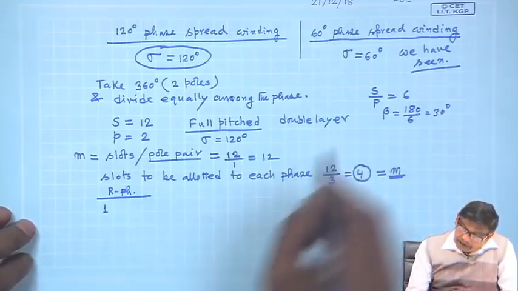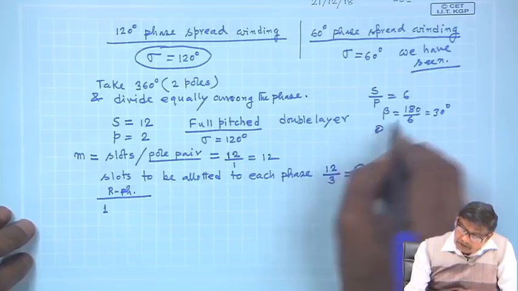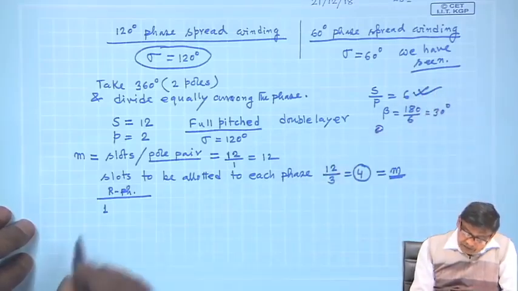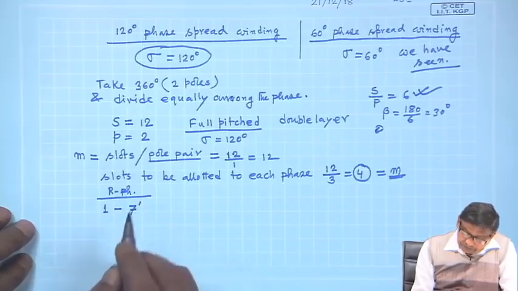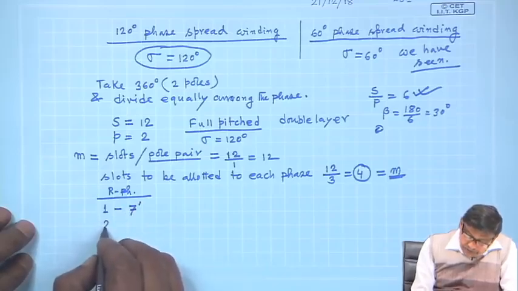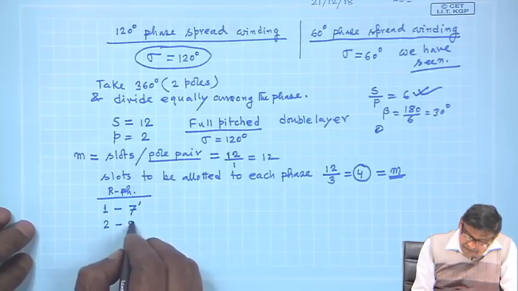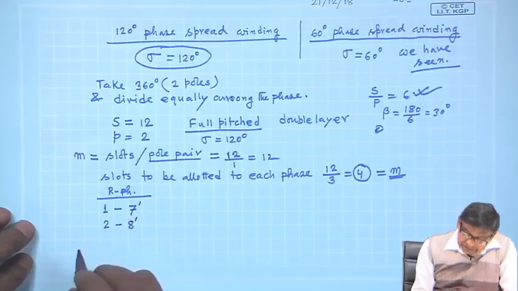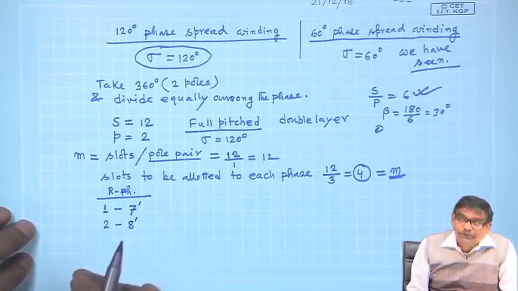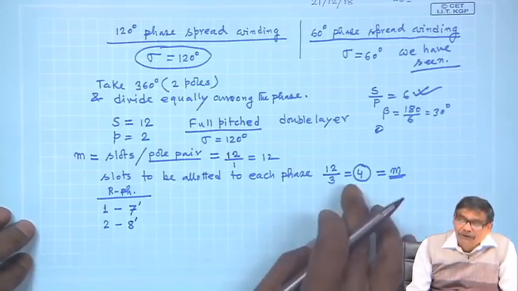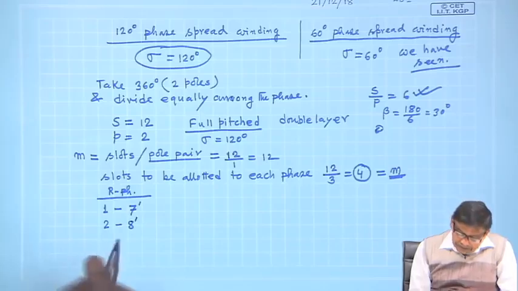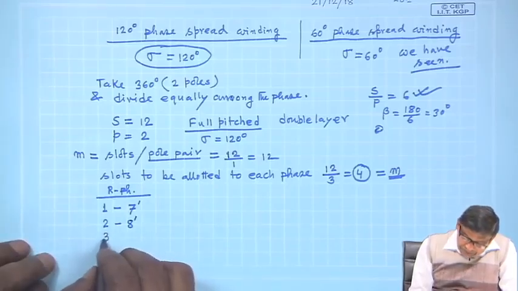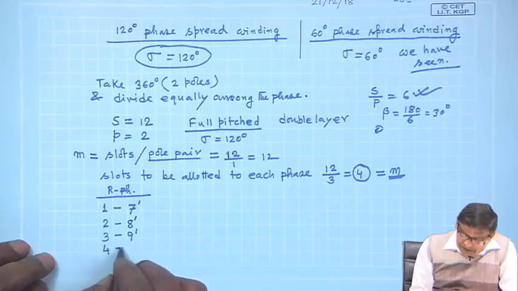Therefore, coil span is also 6. So, 1 7 dashed will be the first coil, then 2 8 dashed, but then do not stop. Earlier we were doing 60 degree phase spread. So, 3 9 dashed and 4 10 dashed.